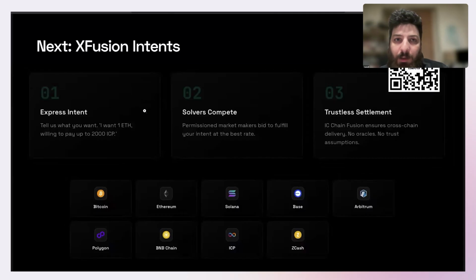Initially we are launching with Bitcoin, EVM chains, Zcash, which is for marketing purposes more than actual usage, but still it's good marketing. Solana, and of course ICP tokens. So yeah, that was me actually.